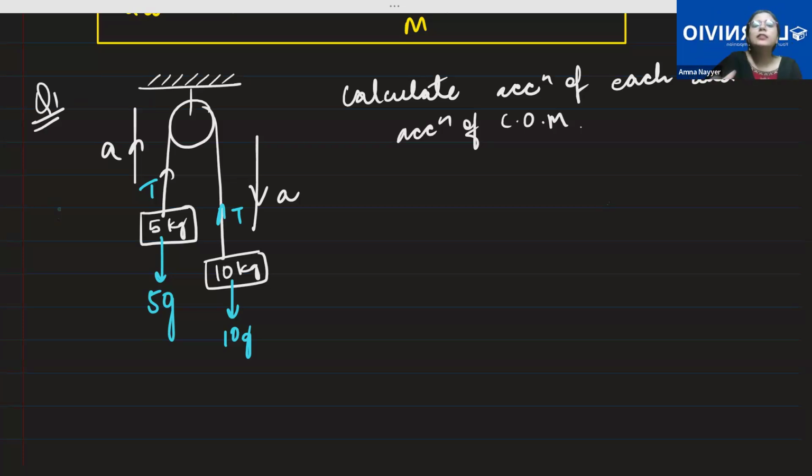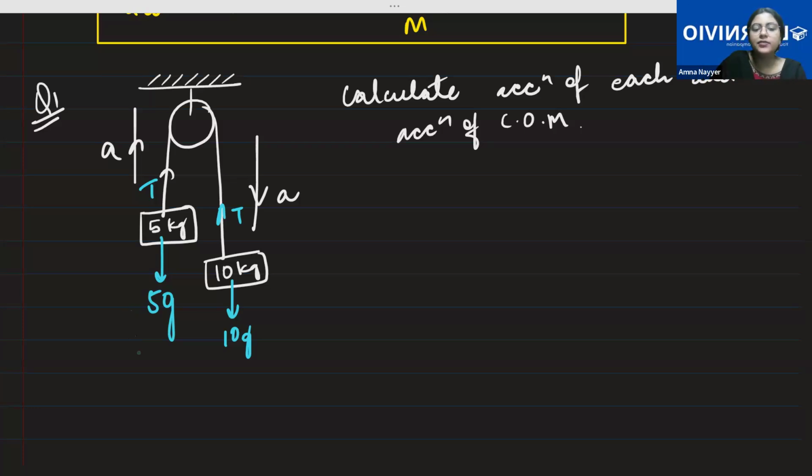Yes, miss. So what will be the net force here? See, two forces are acting. Which two forces are acting on this body, Mariam? Upward and downward force. Yeah, tension and 5g are acting. Now, net force means two forces are in opposite direction. 5g, that is 50.